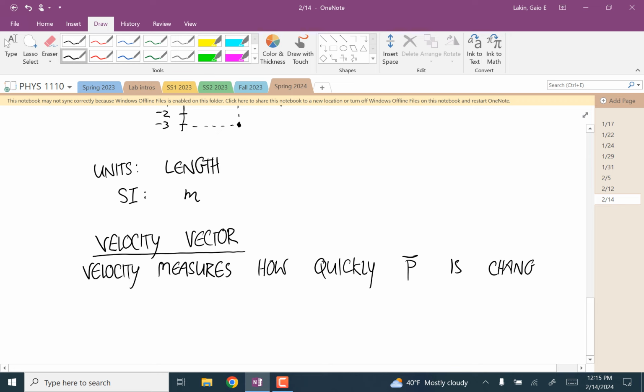And so a velocity of 0 means that the position is staying the same. The thing isn't moving anywhere.